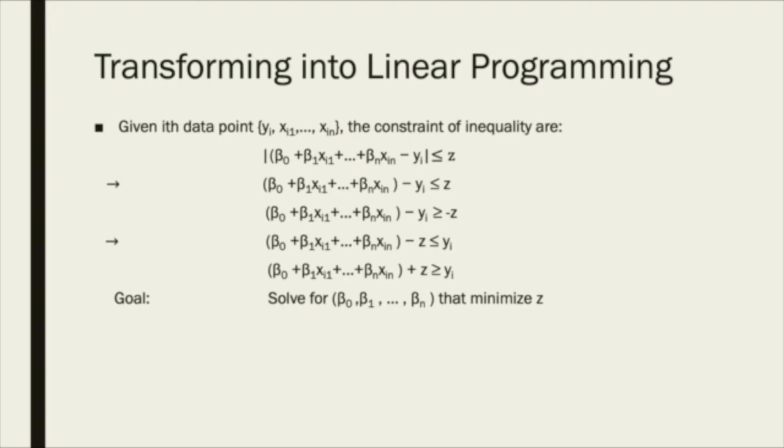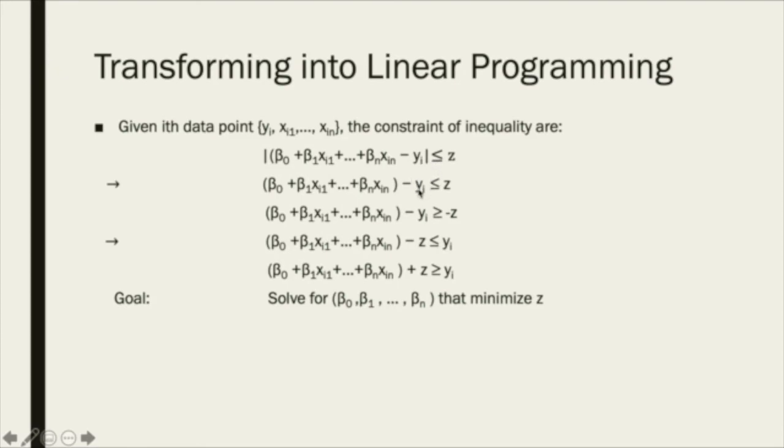Given a data point that has y and independent variables, we find our constraint like this, which is beta times x minus our dependent variable is less than z.